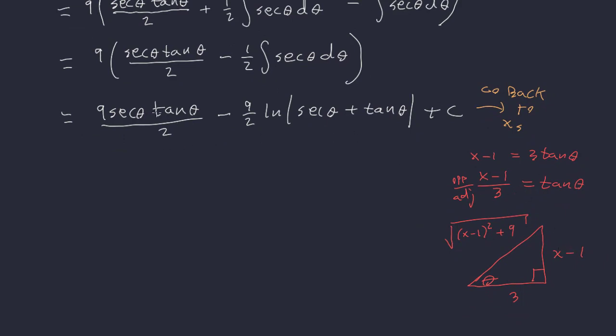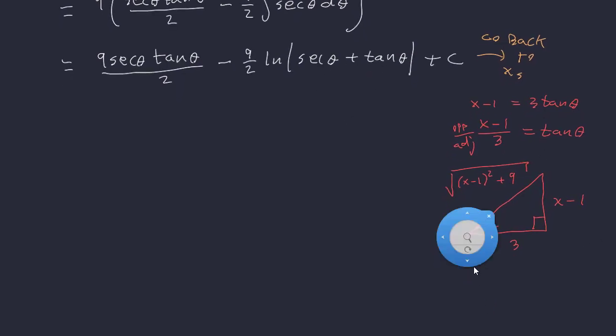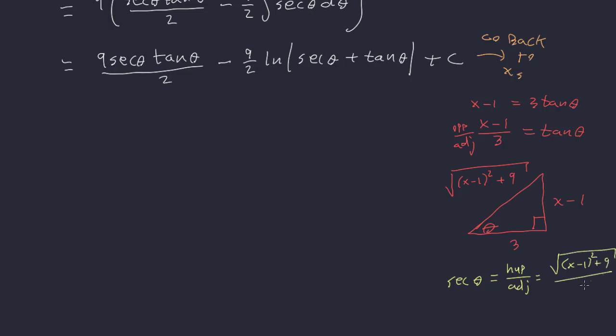So we already know what these tangents should become, but that's going to let us find the secants, right? Because from here, secant theta is the hypotenuse over adjacent. So that will be the square root of x minus 1 squared plus 9 all over adjacent, which is 3. Notice that tangent is also over 3.